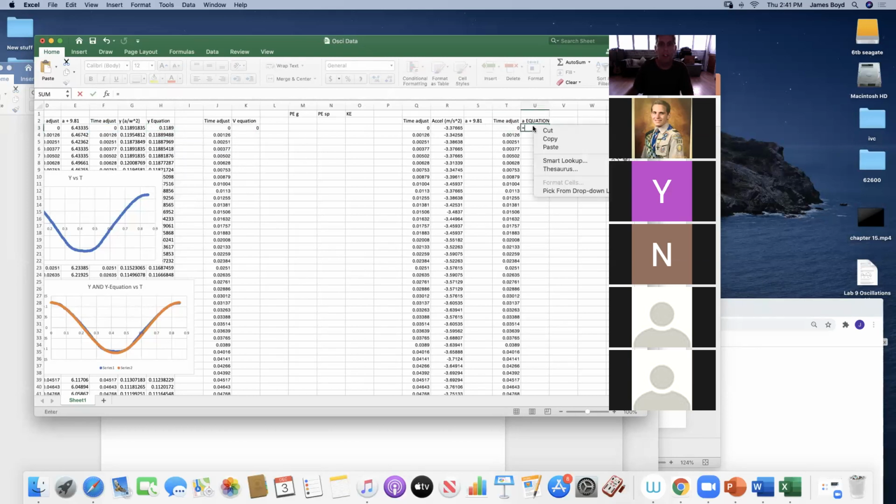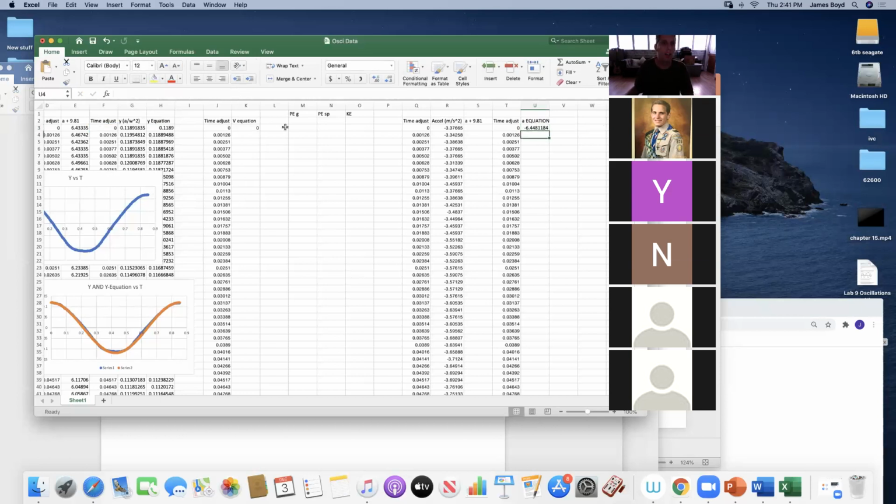Equals, I'm going to paste that, but I'm going to put at the front negative 7.3642 times 7.3642 times all this stuff.